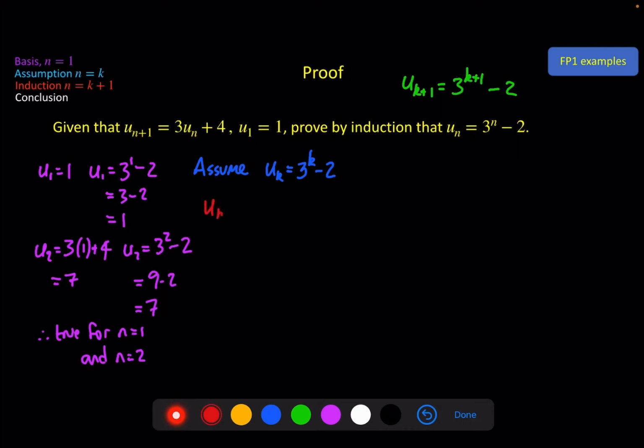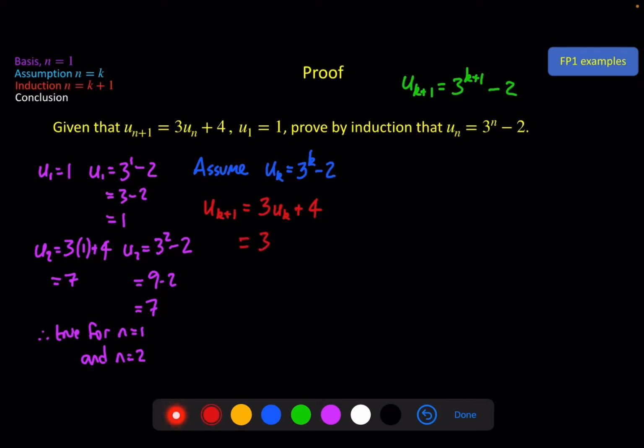So I'm starting with u_(k+1) in the recurrence relation, because I've been given that this is true. And that uses the u_k term because of how recurrence relations work. And from here, I'm going to substitute in this assumption to prove that if this is true, then this is also true.